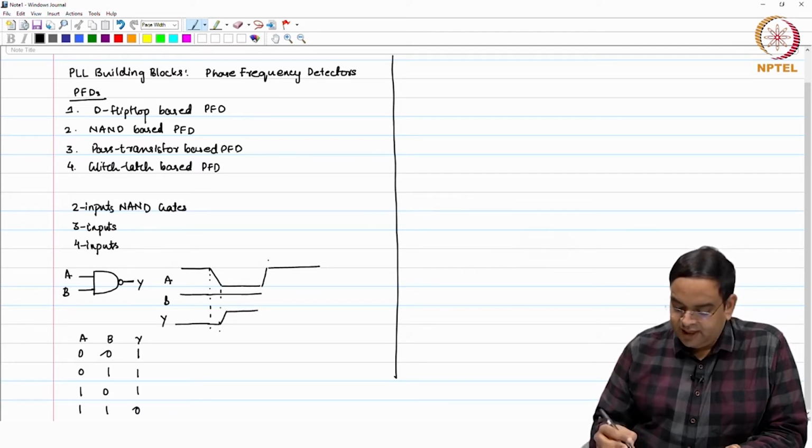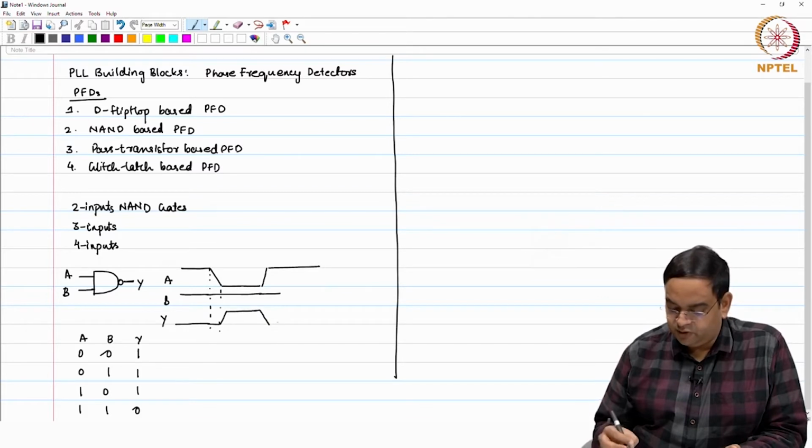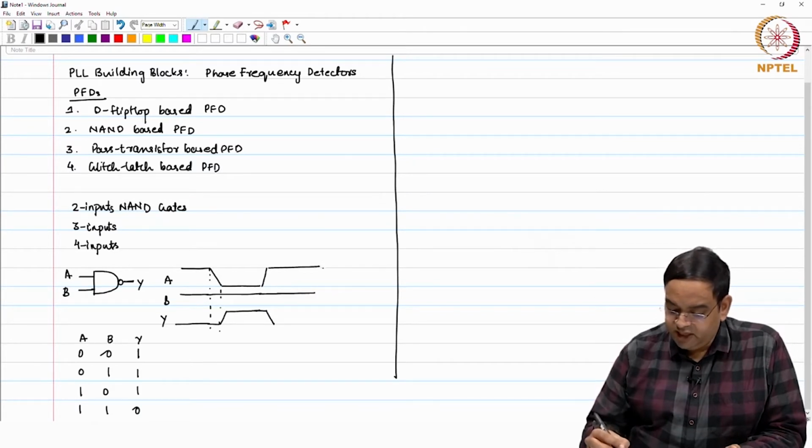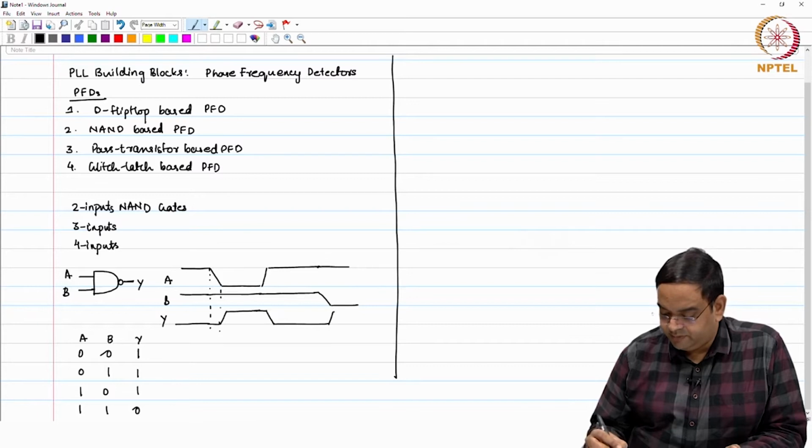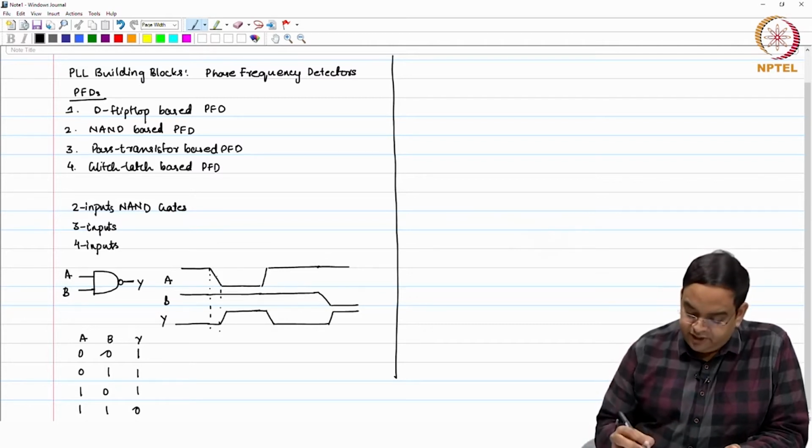And then when A is back again to 1, you will have Y as 0 again. Now, let us say that in place of A your B changes. A remains the same, B becomes low. In that case your Y will again become high.